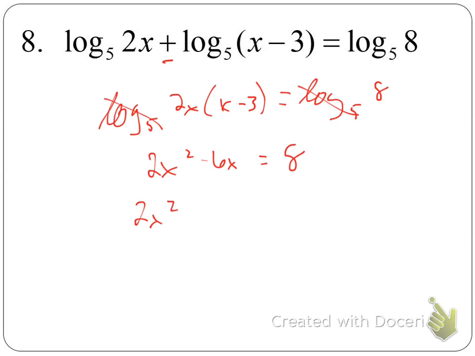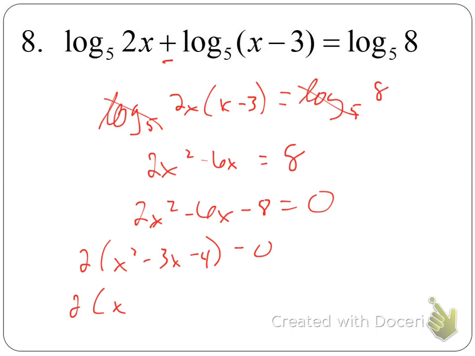Subtract the 8 from both sides. Factor out a GCF. Now we're into factor mode. Factor this trinomial into x minus 4, x plus 1.